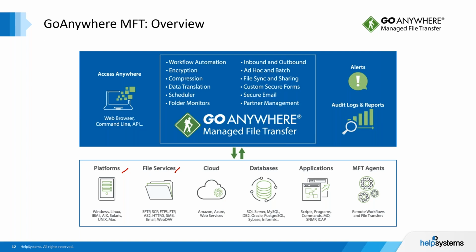As for file services, you can use SFTP, FTPS, HTTPS, etc. for your file transfers. So let's say you have files sitting on a Windows server or a Linux box or an IBM. You can use GoAnywhere to connect up to those systems with whatever protocol and credentials you like within the product. And as long as you're authorized to access those files, you can easily push and pull those files through the product.